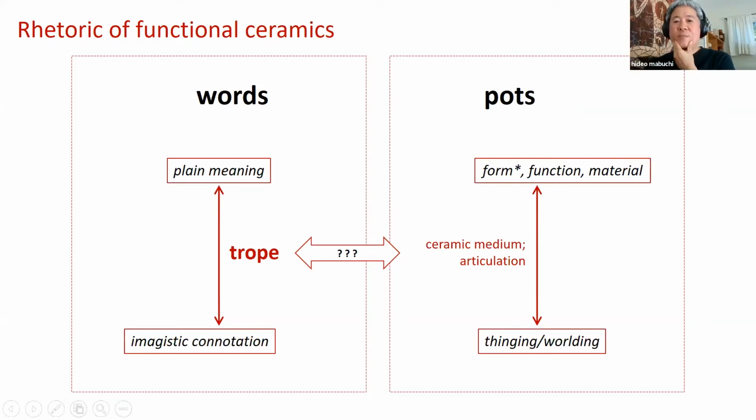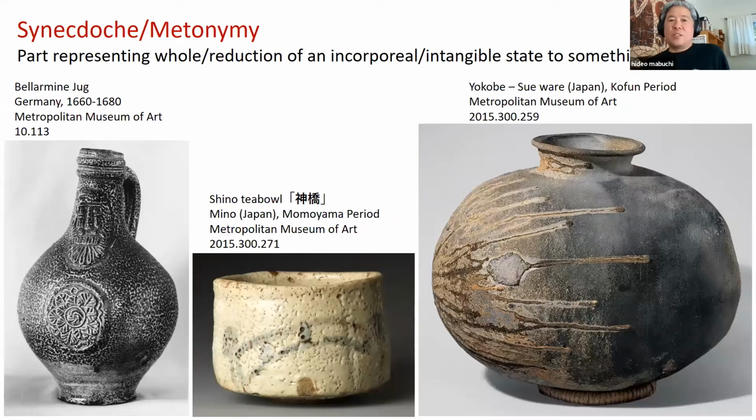What I've been interested in is developing a way of talking about the relationship between the functional form of pots especially, and the way in which the details of those functional forms can invoke broader ideas and give ceramics a different layer of meaning. So let me jump into some examples of that.